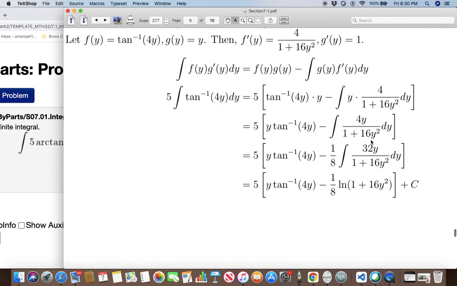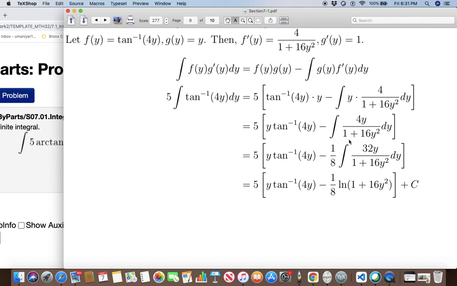All right, you want to use substitution. The denominator is going to be your variable u, whose derivative will be 32y. So I need a 32 upstairs, so I'm multiplying numerator and denominator by 8. That's where this fraction comes in.